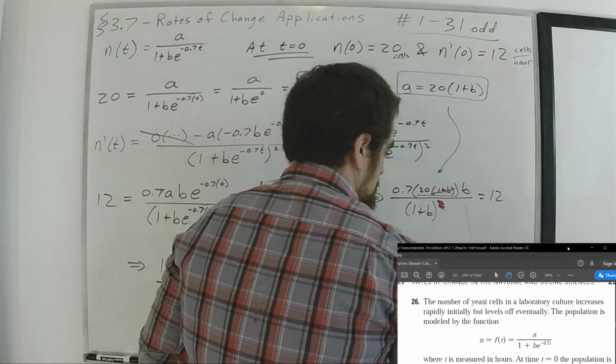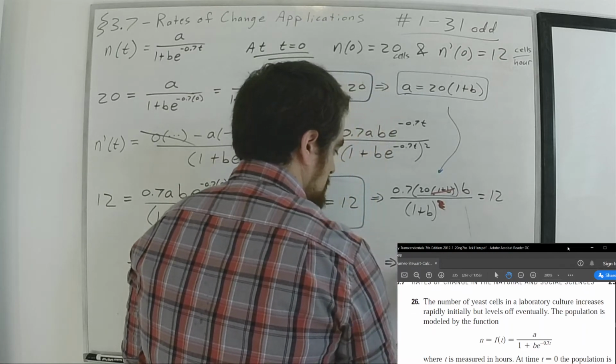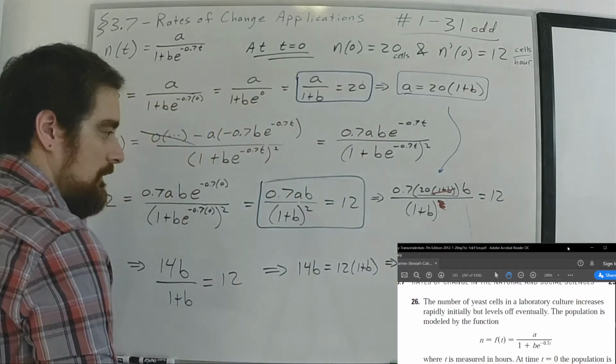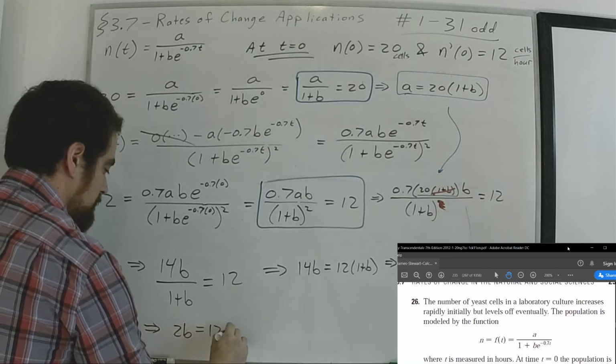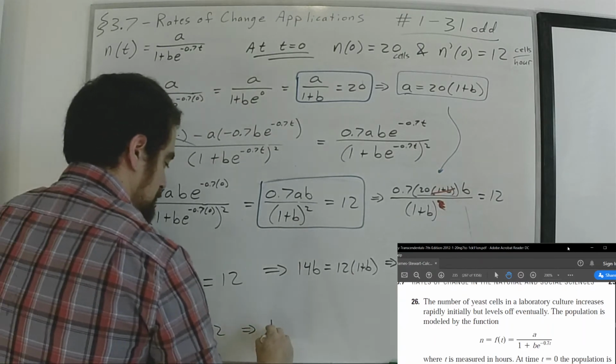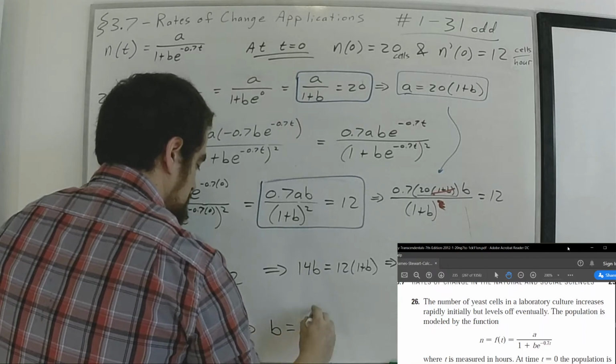Subtract 12b on both sides. This tells me that I have 2b is equal to 12, which tells me that b is equal to 6.